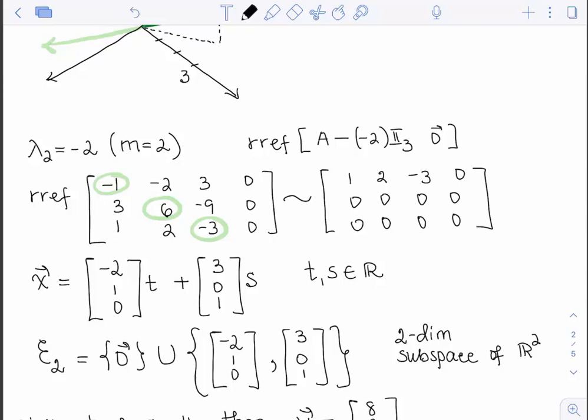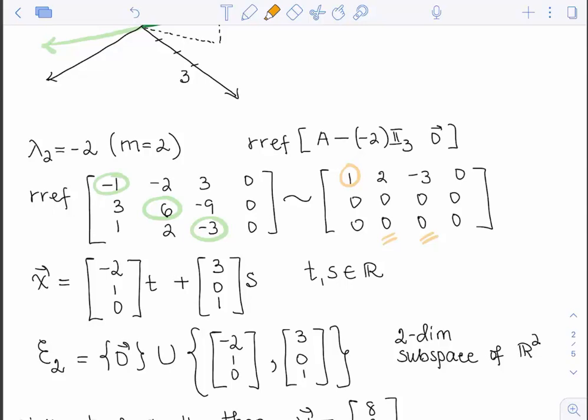Those are on the main diagonal: subtract -2, or add 2. Once we solve this system, what are we going to get? We have one pivot and then we have 2 free variables. So what does it mean? The solution vector for this system is a linear combination of 2 vectors, -2, 1, 0 and 3, 0, 1.